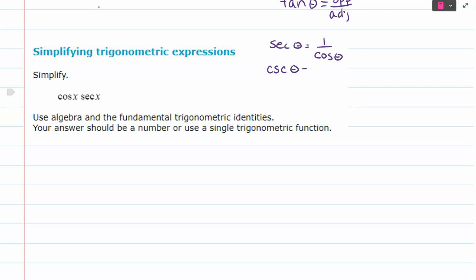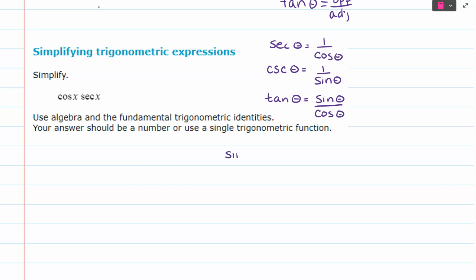Cosecant of an angle is 1 over sine of an angle. Tangent of an angle is sine over cosine. What? Sine over cosine? Let's think about that just for a second.